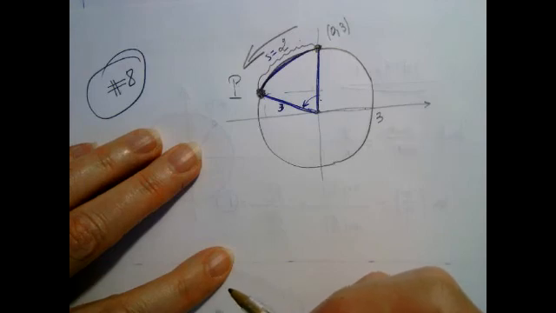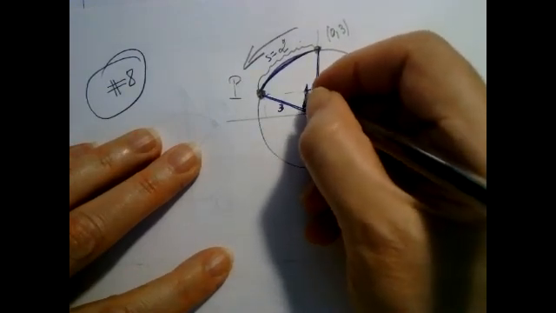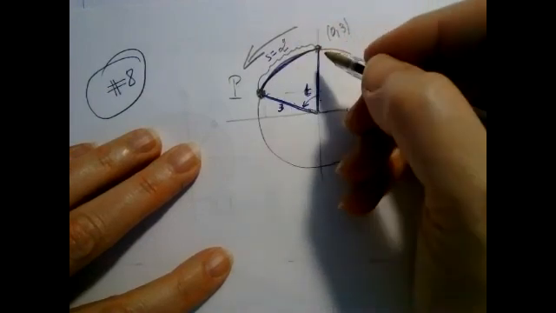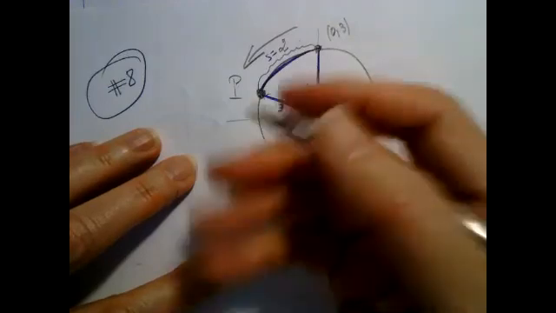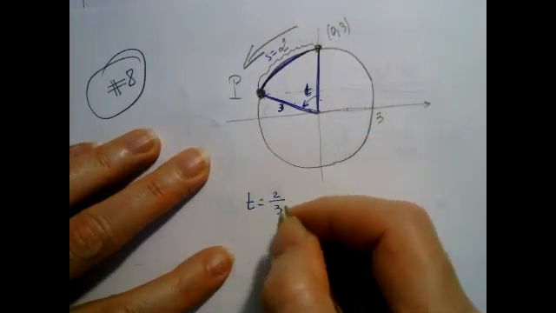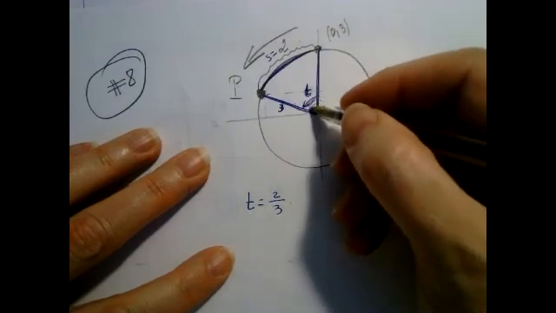Are you with me? That's the angle it gives you. So let me call it T. It does not give you from here to here because that's the arc. So T is 2/3. Are you with me?